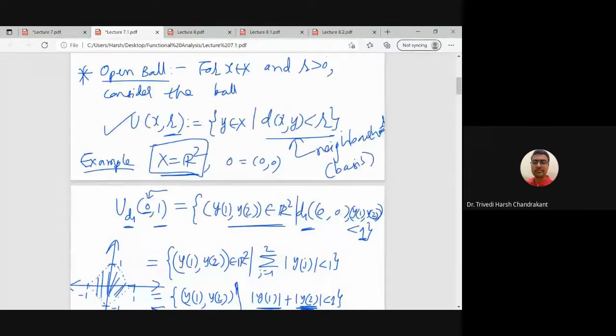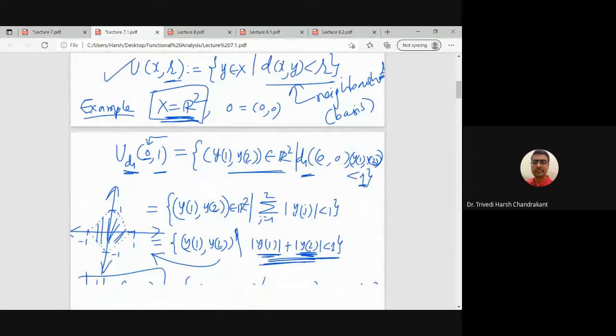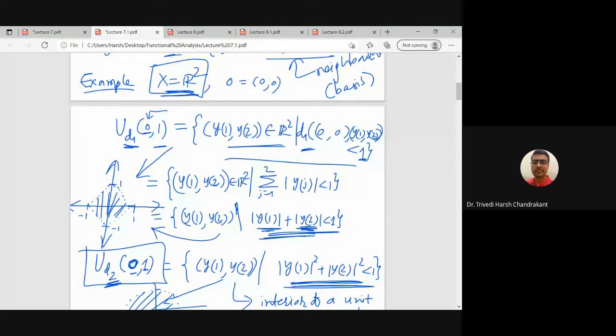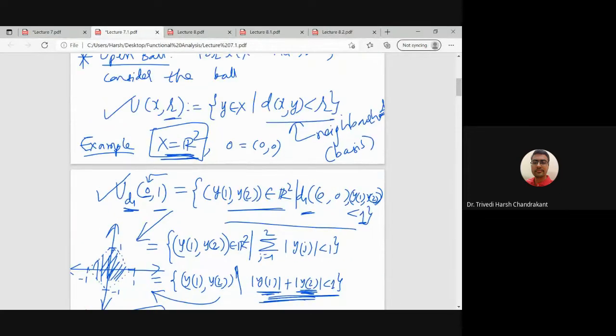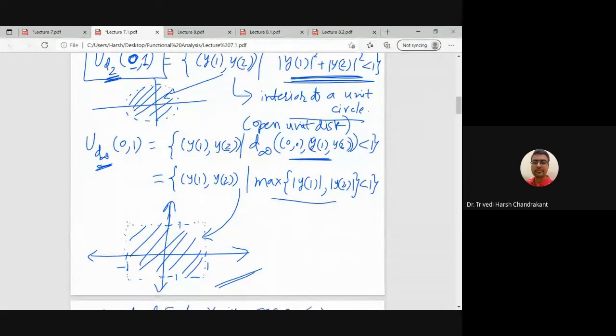Right, but if we change the metric, then over the same set, if we consider the d1 metric, then that is not the open unit disk. Instead of that, we get the diamond shape. All points in this set are all these points. And the same way, if we take the maximum distance, then the elements of this open ball with respect to the d infinity metric are all these points.